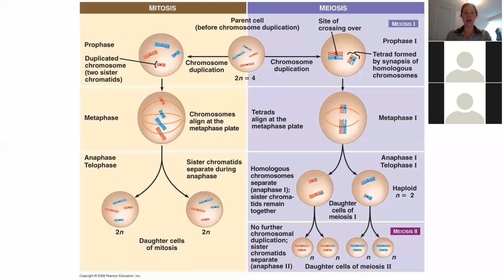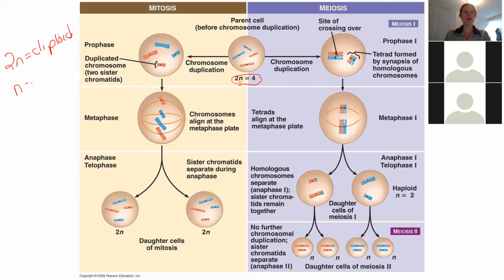So this right here, this 2n equals 4. N is the number of chromosome pairs. So here I've got 2 pairs, right? Shorts and longs. So 2 times 2 is 4 total chromosomes. So 2n is the common abbreviation for diploid.